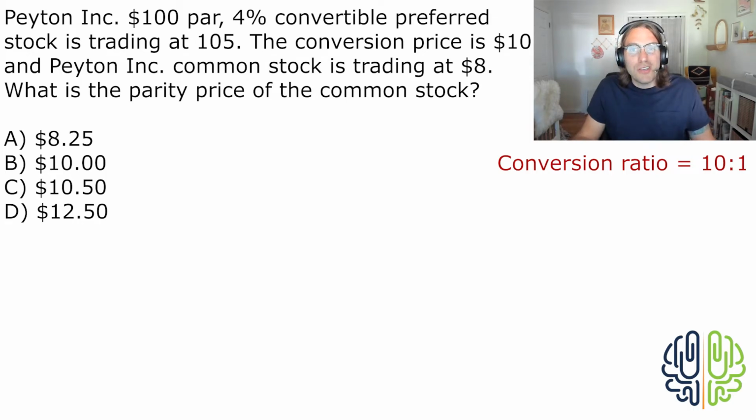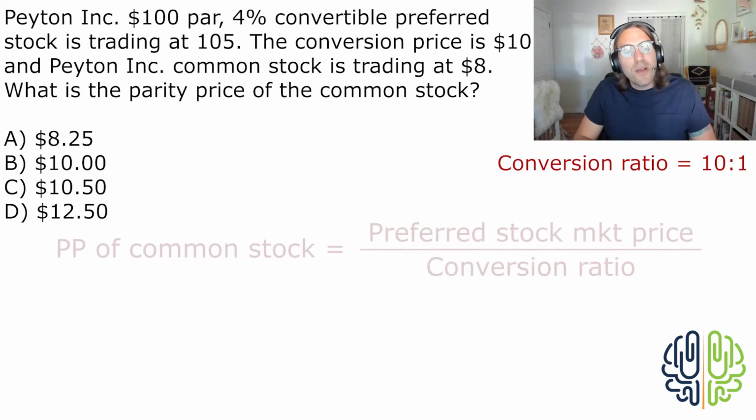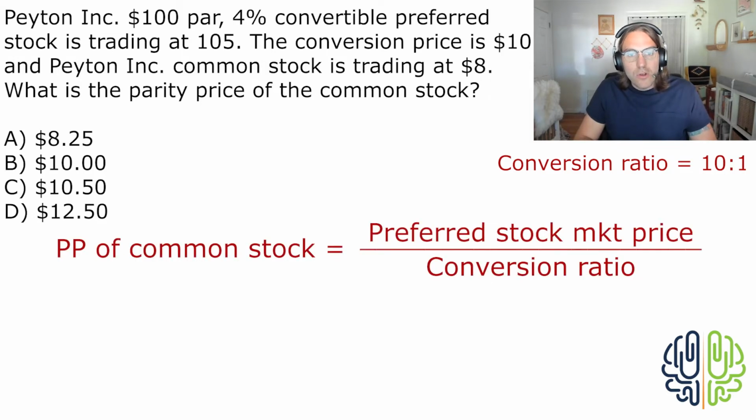The big change is what type of parity price we're looking for. And there is a separate calculation for parity price of the common stock. The parity price of the common stock is equal to the market price of the preferred stock divided by the conversion ratio. If we're looking at this purely from the standpoint of the formula, and we're pretty good at memorizing formulas, we can just plug in the numbers and figure out the answer.